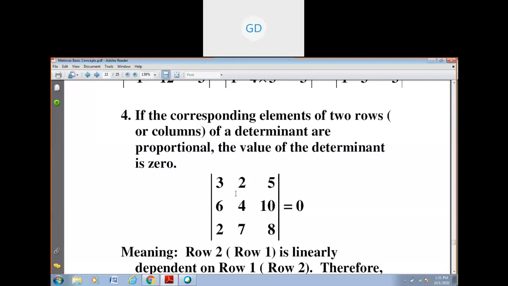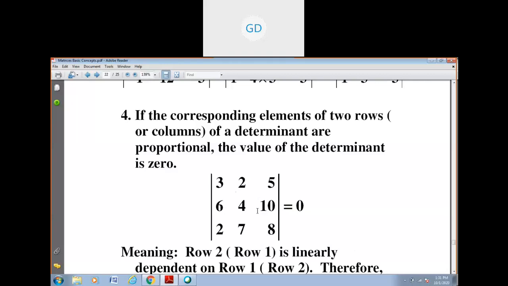Here you see, in the second row, 6 means 3 into 2, 4 means 2 into 2, 10 means 2 into 5. In the second row, 2 is a common factor.